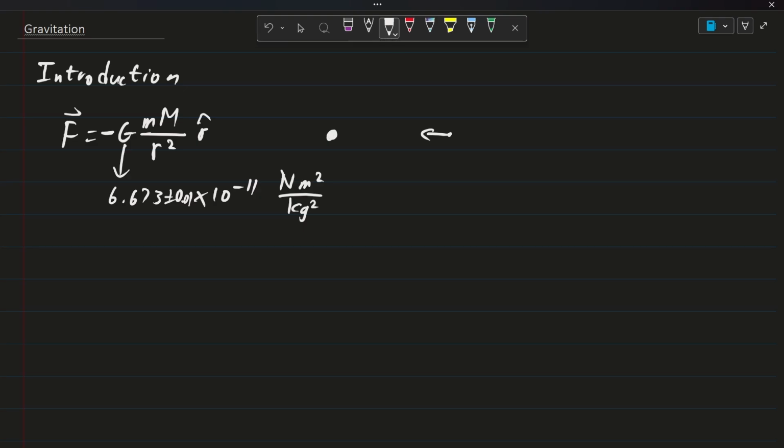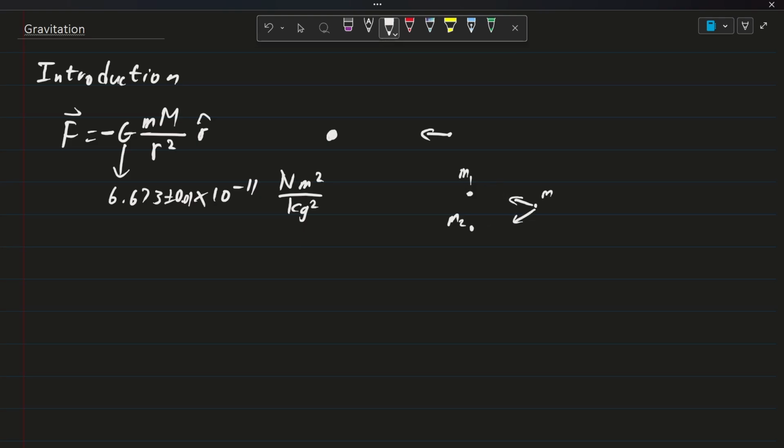If you want to figure out the force for a continuous object, let's first consider if you have two particles, m1 and m2, and you are interested in this third particle here, m. There will be a force of gravity coming from m1 and also from m2.